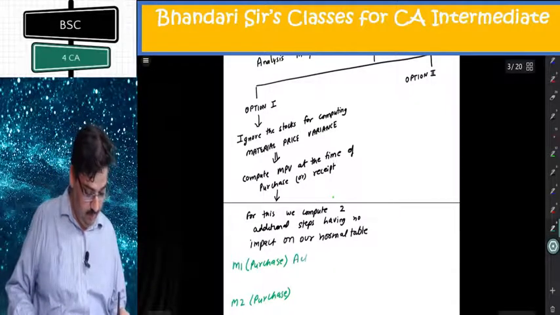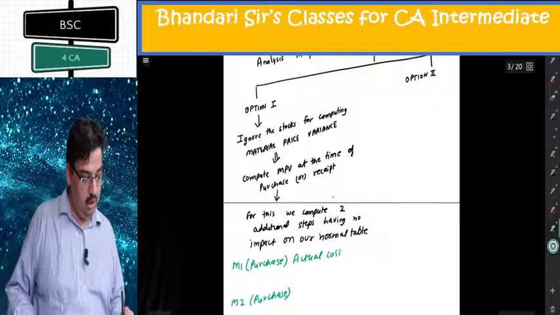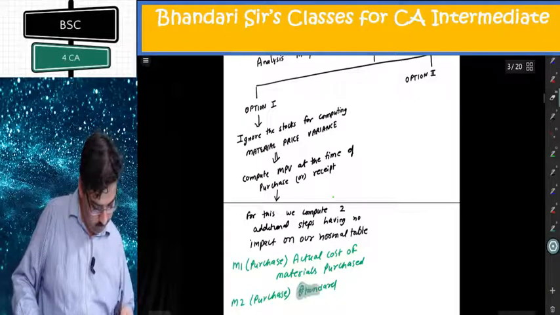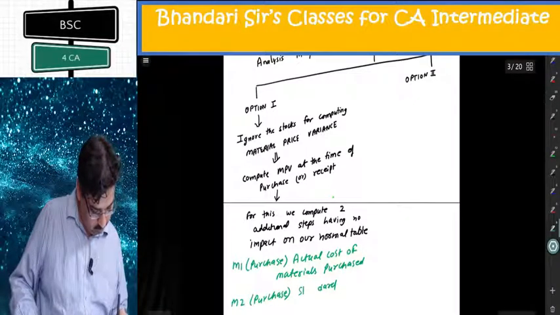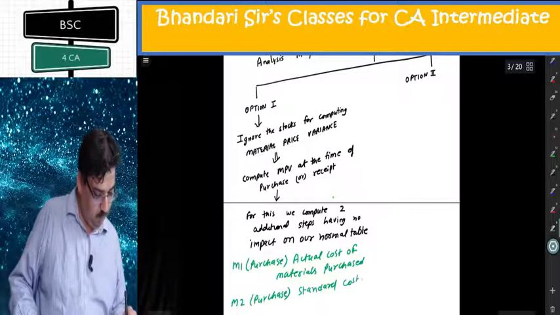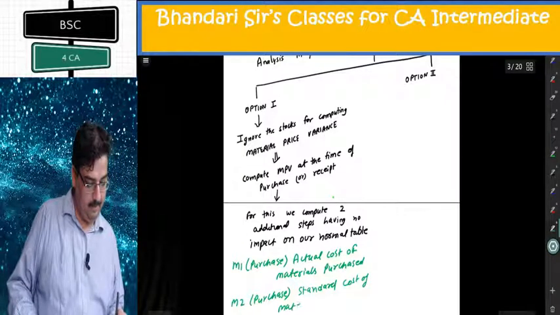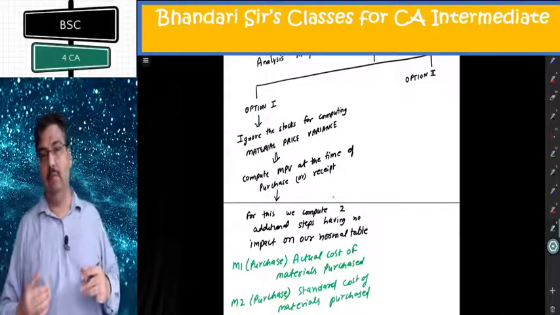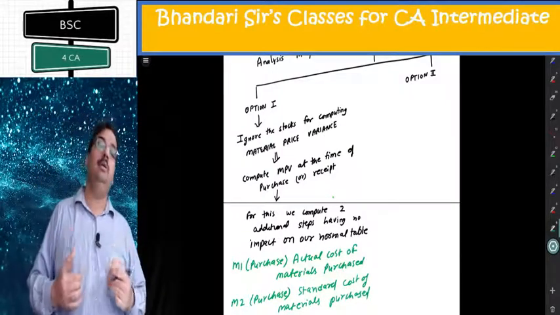This is the actual cost of materials purchased and the standard cost of materials purchased. Means ignore the stocks and calculate on purchase quantity the actual amount and standard amount.